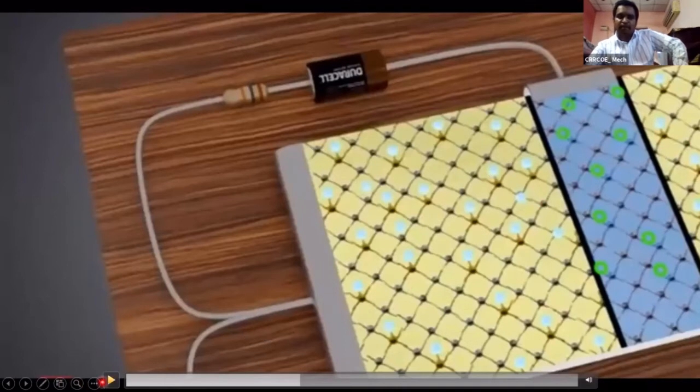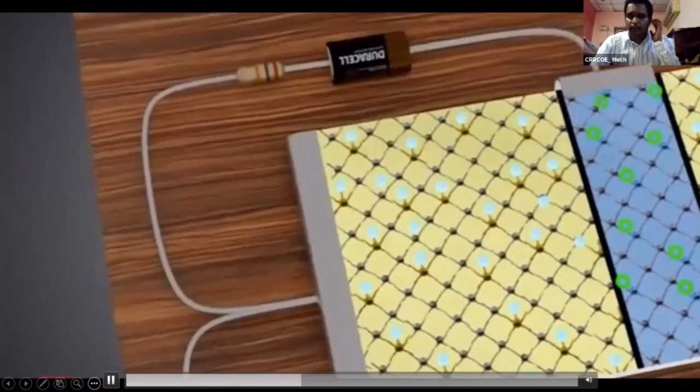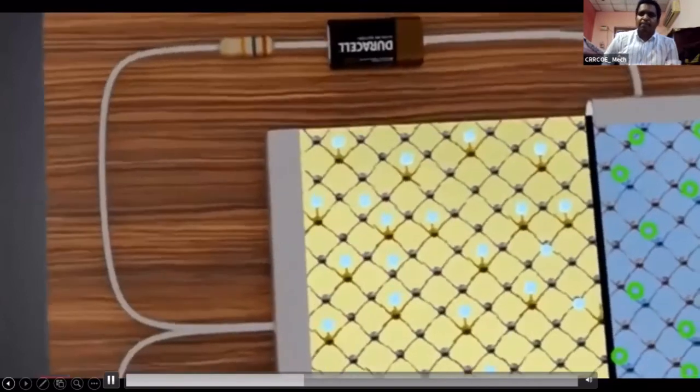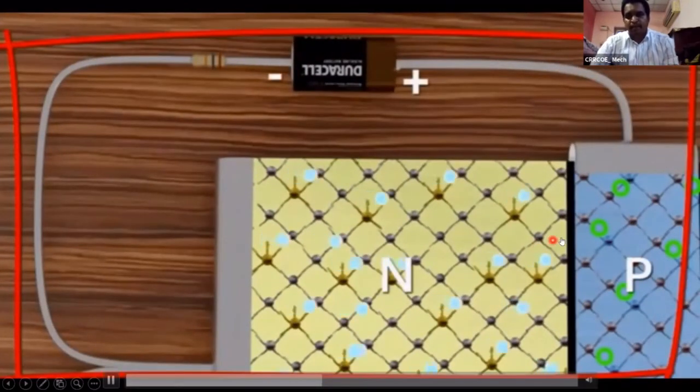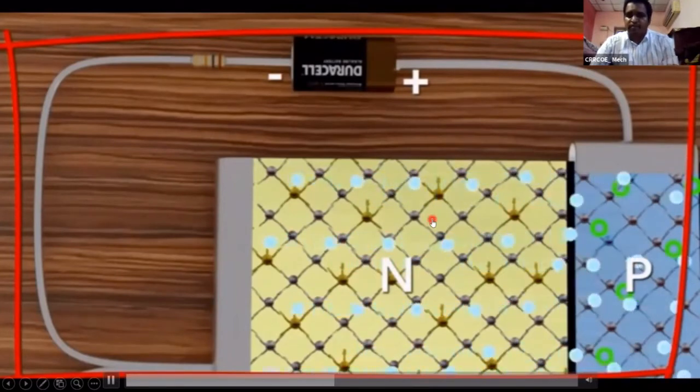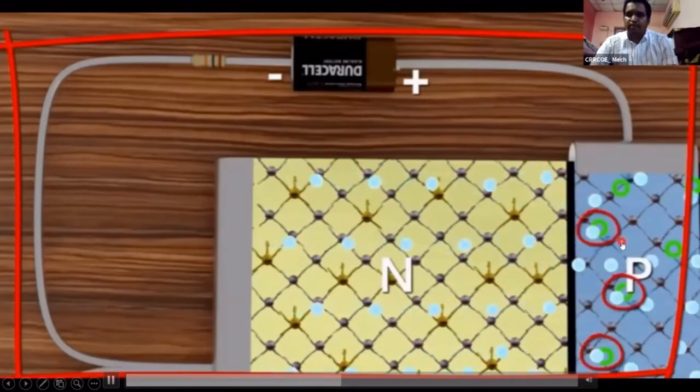Now we see the working. You know what happens in forward bias: the depletion region at the PN junction is reduced. Because of that, the electrons cross the junction towards the base.